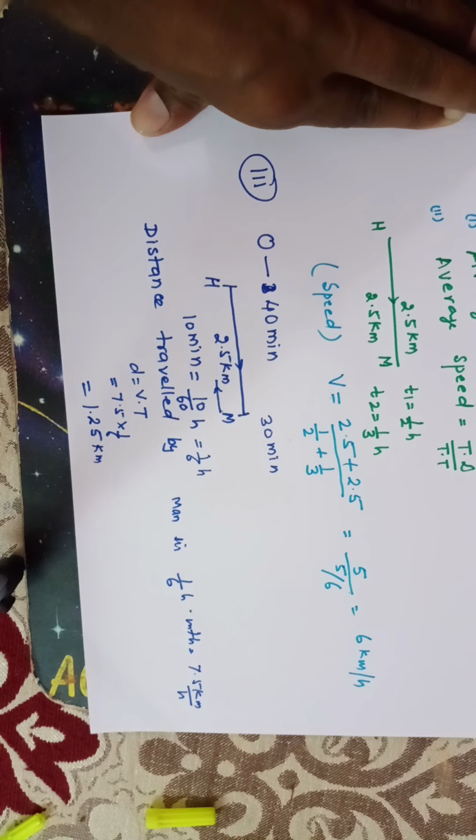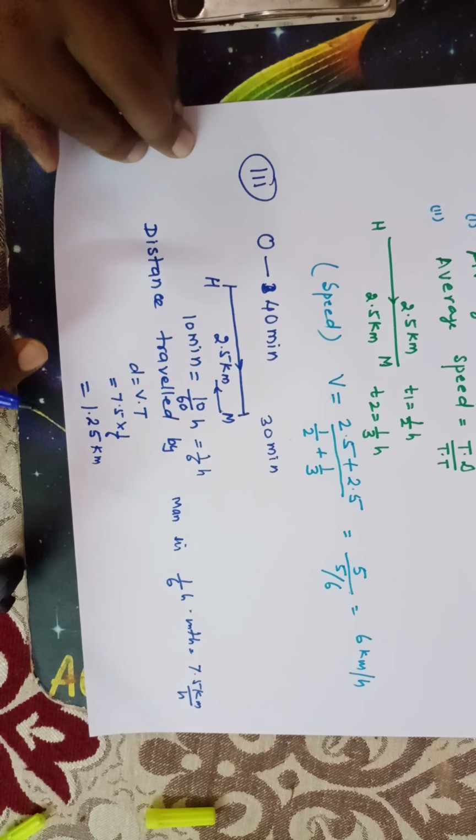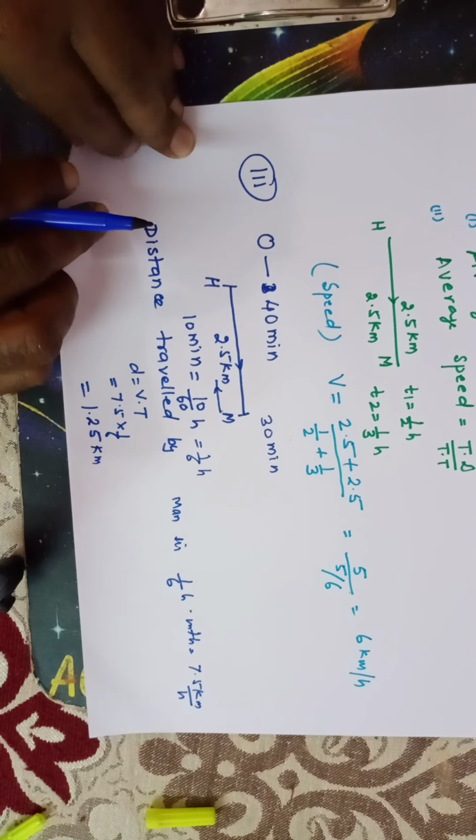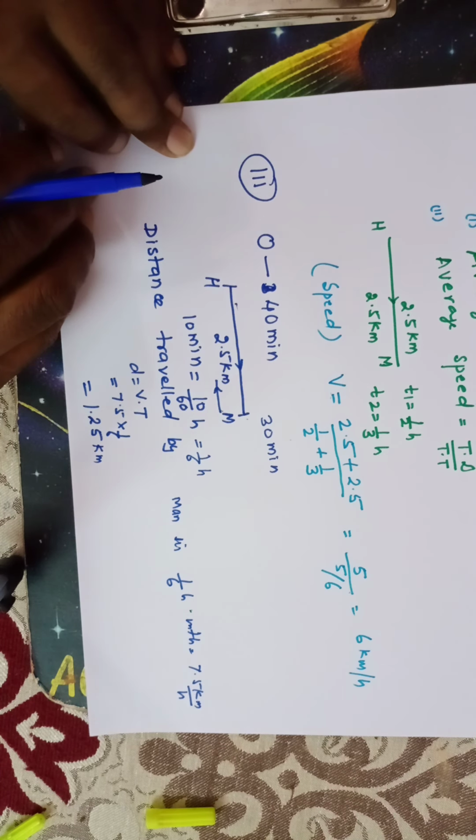So he has to travel total distance and total. Now we will calculate. He has to travel 1.25 kilometer. Total distance will be 2.5 plus 1.25. So total distance will be 3.75.